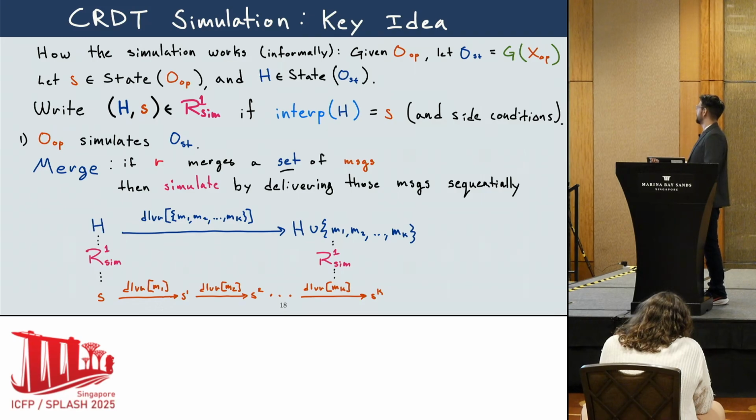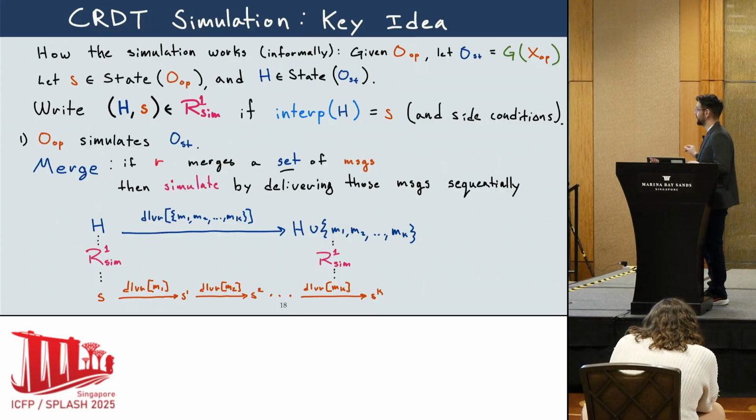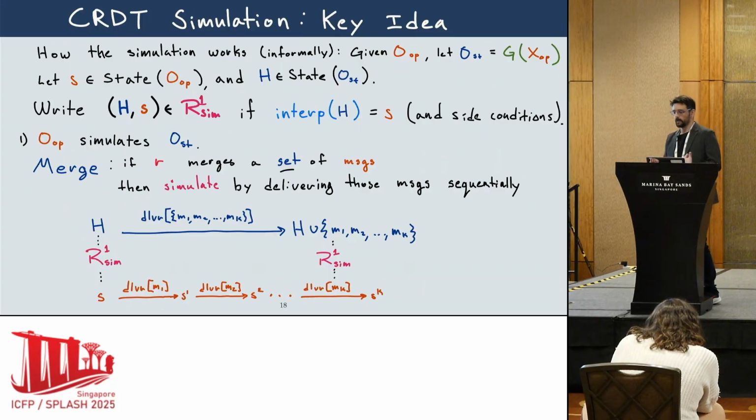The critical step for this is how we simulate merge. So if the state-based CRDT performs a merge of a set of messages, we need to simulate that on the op-based side. This is weak simulation, so we're allowing multiple steps. More or less, we're going to be picking out the messages in that set and then delivering them one at a time. It's a fairly straightforward argument.